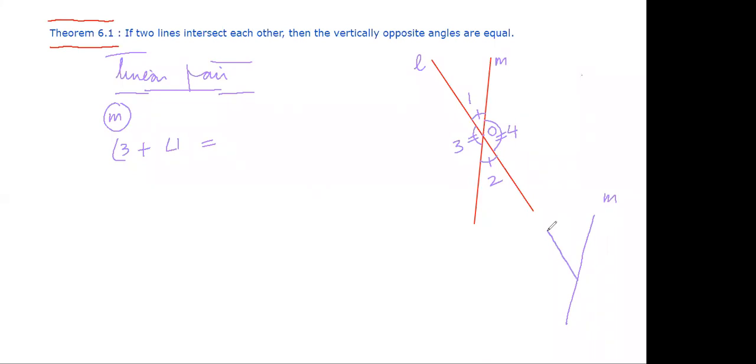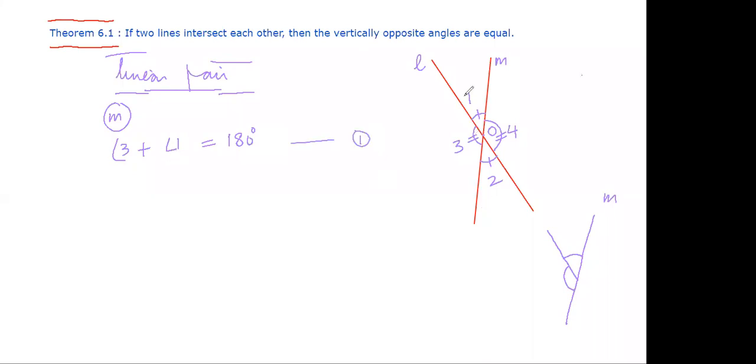We have already studied that these angles are known as a linear pair, and the sum of a linear pair is 180 degrees. So this is equal to 180 degrees. This is our equation 1.